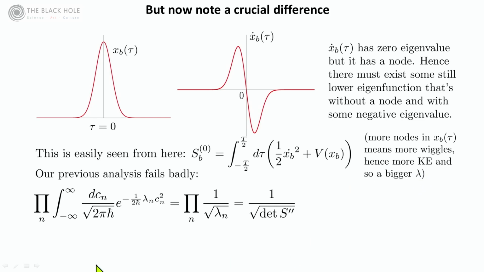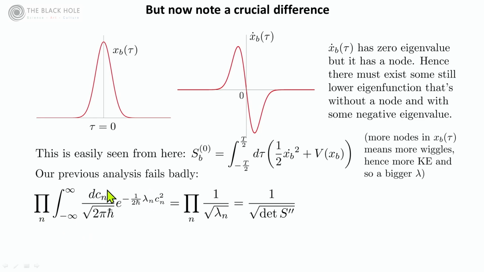Okay, now this is going to create a big problem, because earlier on, when, for example, we took the harmonic oscillator, we said, let's calculate all the eigenvalues of this operator over here and all the eigenfunctions, and then we can do the fluctuations for the path integral by expanding in a series. x equals x classical plus the sum of c n phi n, with n going from 1 to infinity.